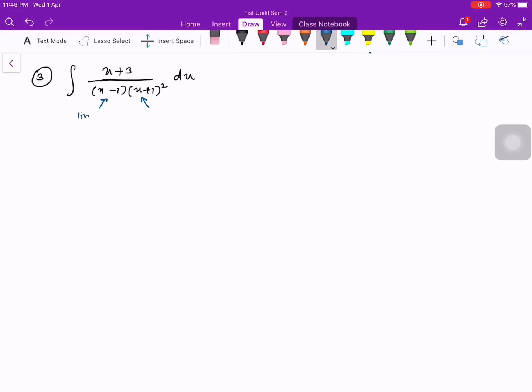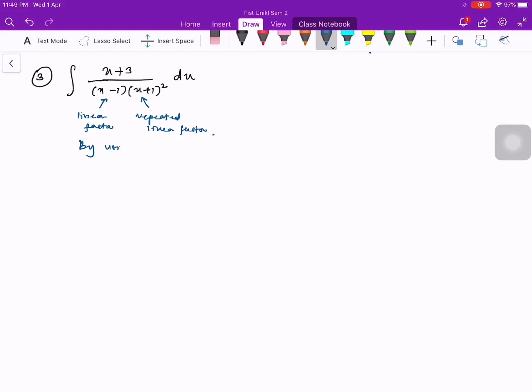Okay, so this is linear, and now we have a repeated, repeated linear factor. Since we have this repeated linear factor, then we're supposed to have 3 fractions actually. Okay, then let's proceed with partial fraction.